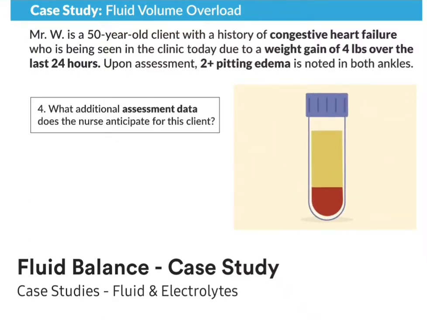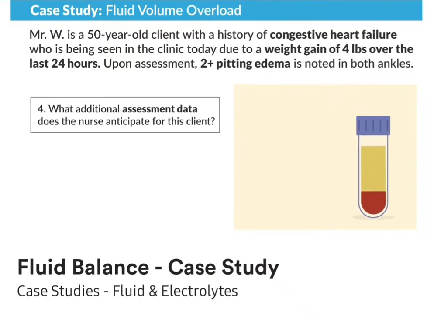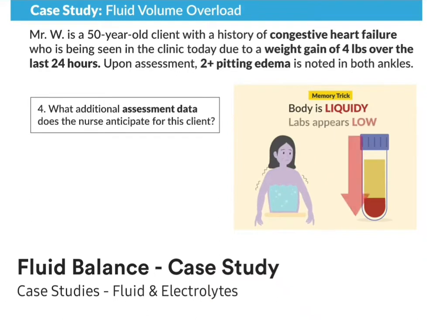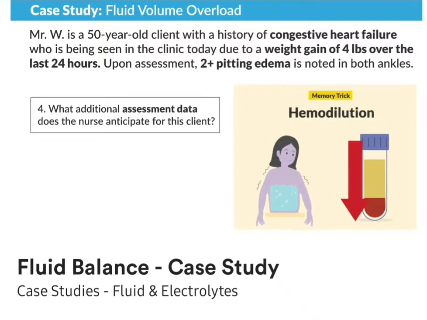And as far as labs, you already know the patho. We have less concentration of particles in the blood as fluid dilutes all the blood. So once again, the memory trick is when the body is liquidy, then the labs are low. Remember those low liquidy labs from hemodilution, that very diluted watered down blood, which I call hemodilution.